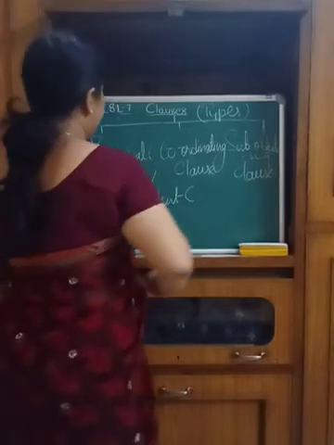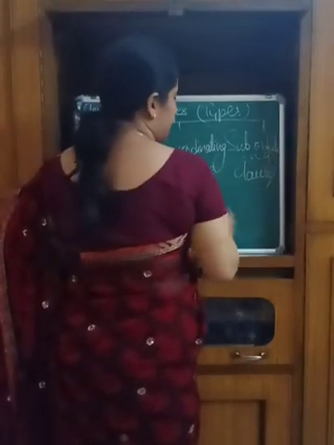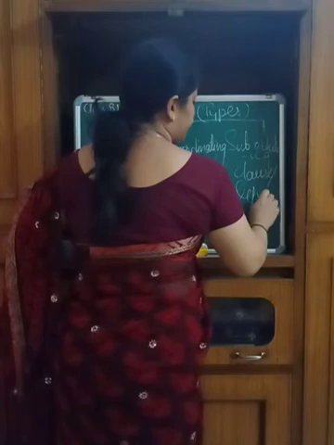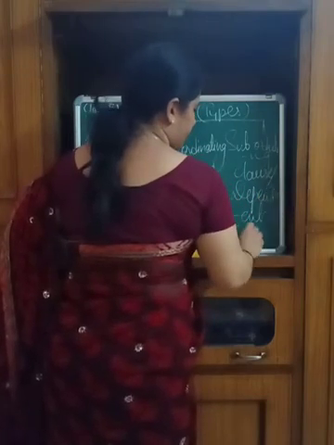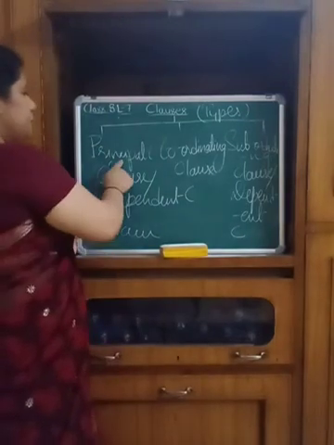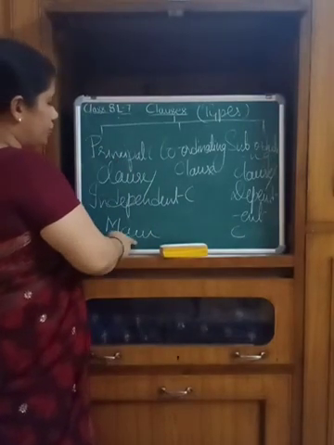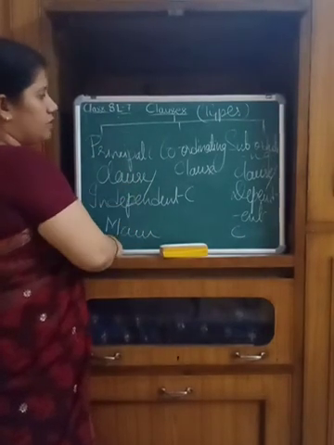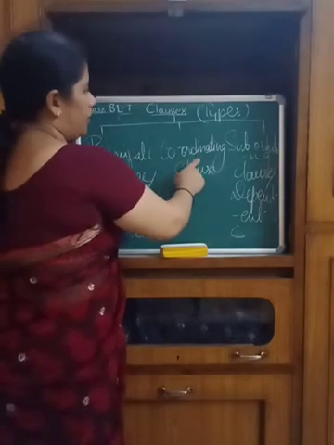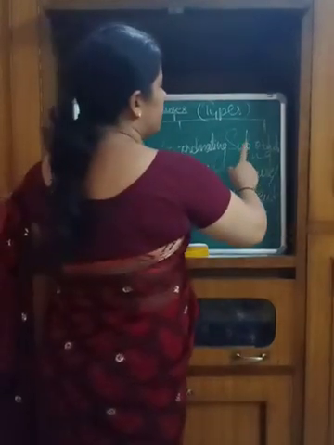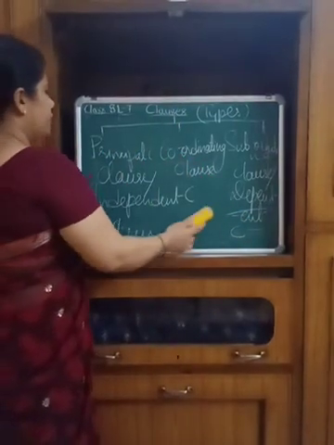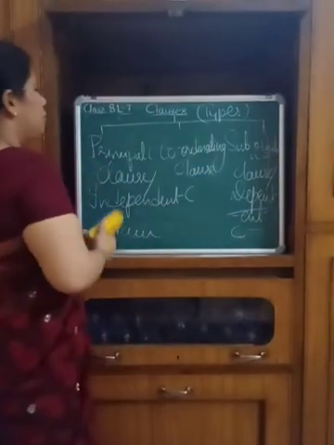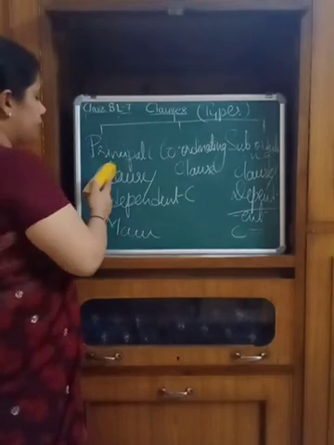And the subordinating clause is also known as the dependent clause. The principal clause, the independent clause and the main clause are all the same. The second one is the coordinating clause, and the third is the subordinating clause or the dependent clause. Now let's see one by one what they exactly are.